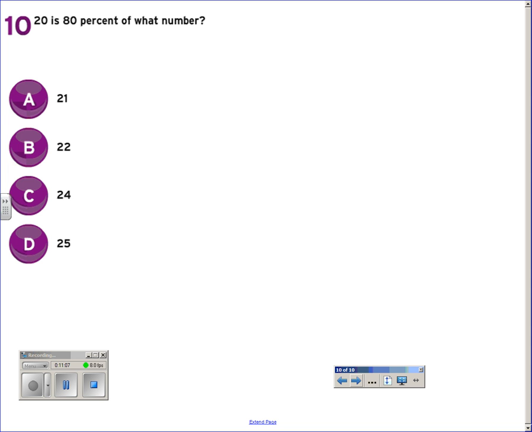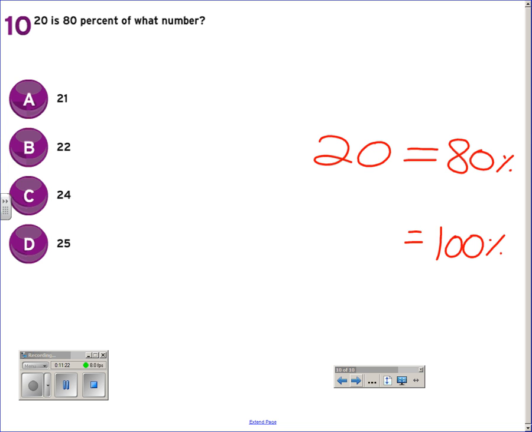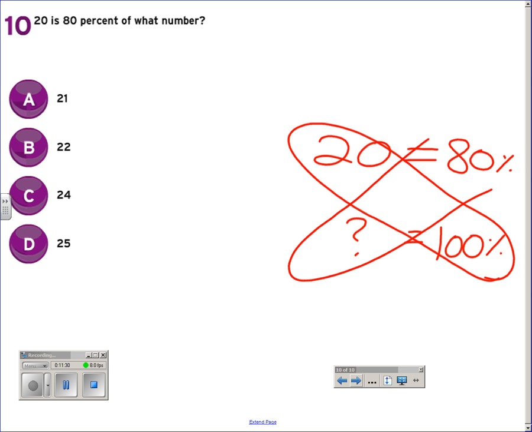There it is, $54. Either way. Last question. 20 is 80% of what number? 20 equals 80% of what number? They want us to find 100%. Now you could say, okay, I've got a proportion. 20 times 100 divided by 80, and that'll be the answer.